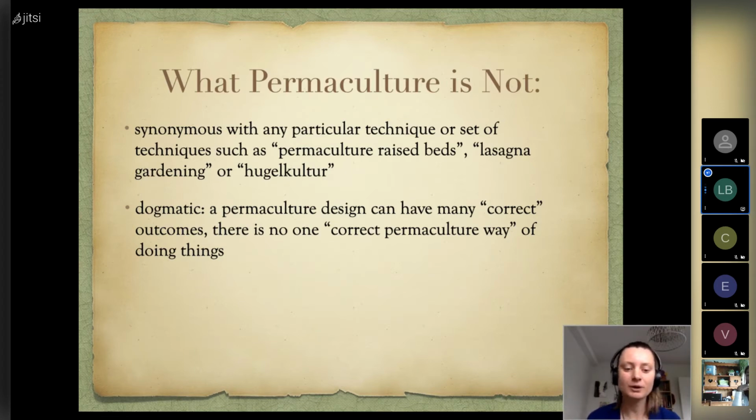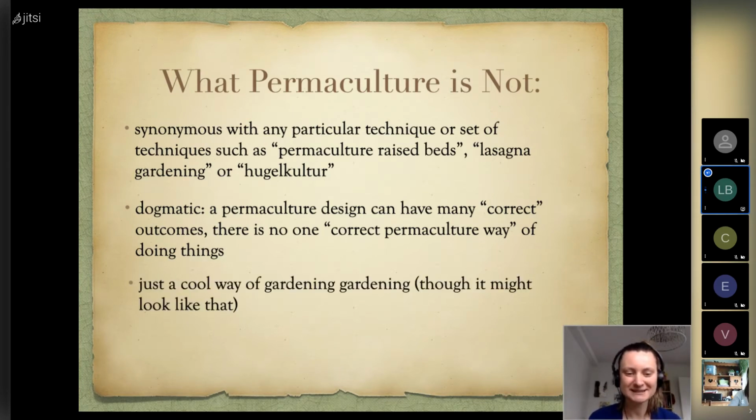And neither one of our designs would be more correct. They would just be more personal to us, and they would always be dependent on what we observed about the land and what we were trying to accomplish with our designs. So yeah, not dogmatic at all. There are many correct pathways that permaculture can take.